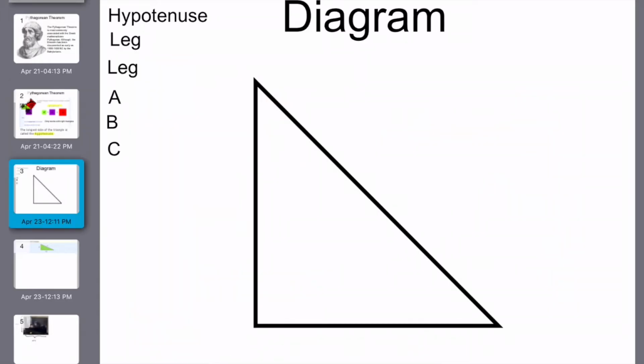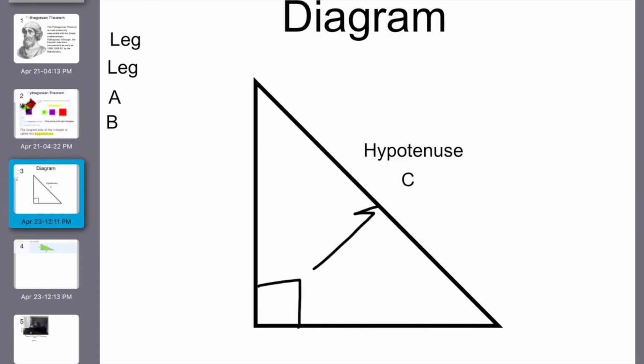We know that the hypotenuse is always going to be the longest side, and we know it's always going to be c. If you're having an issue figuring out how to know it's the longest side, it's always going to be directly across from the 90-degree angle, directly on the opposite side. That makes these other two sides legs.